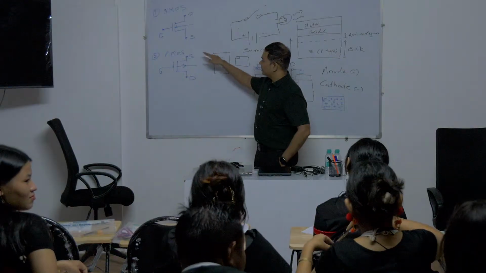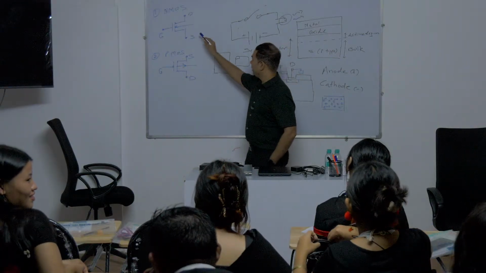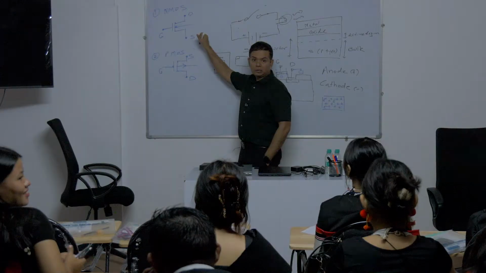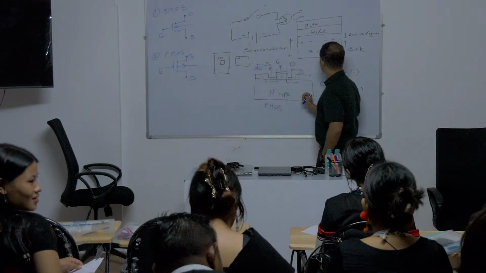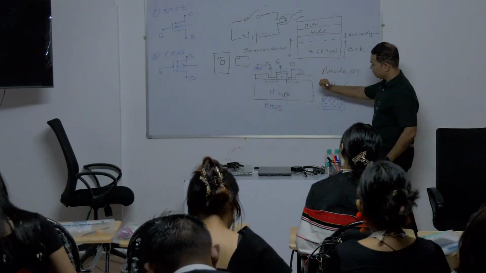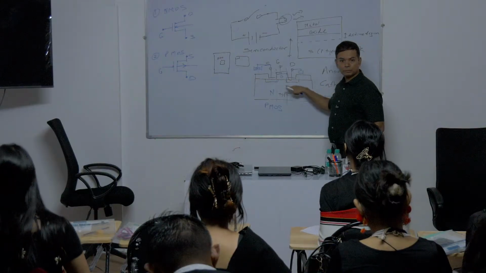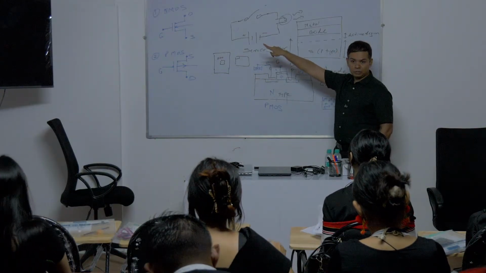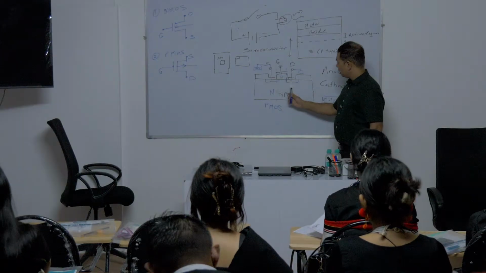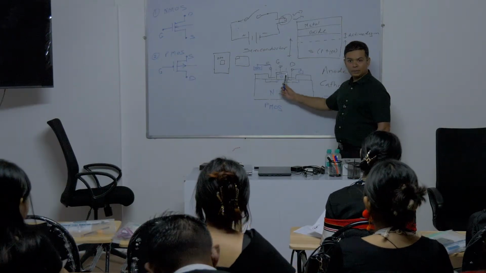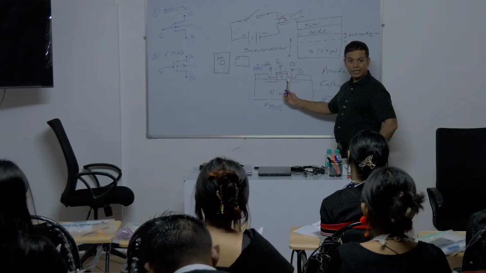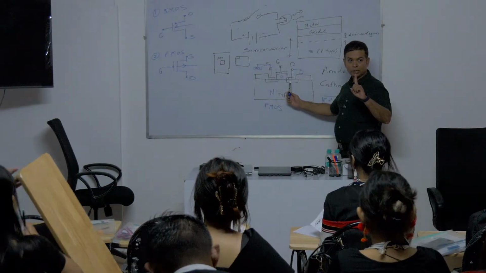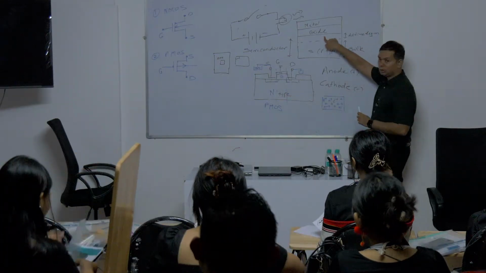See, let us understand what this arrow indicates. This arrow indicates something which will be explained from this region. So let us say for NMOS, electrons were going upwards. For N-channel MOSFET, yes or no? Let us consider this one as NMOS, right?